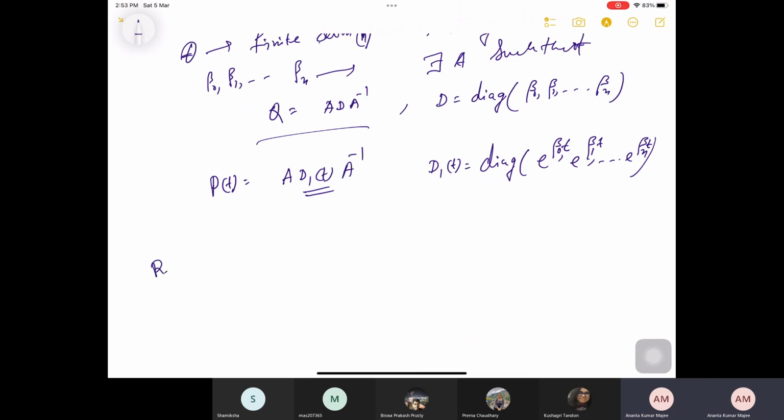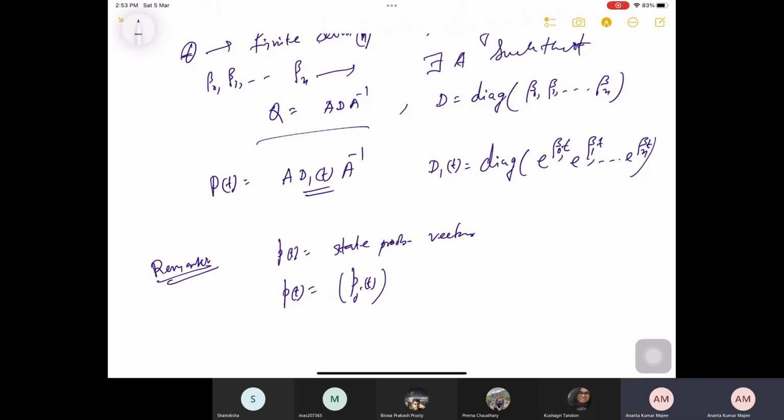Okay, let us make one remark. I can have exactly a similar way if I know only the state probabilities P of t, which is the state probability vector. What do you mean by that? So P of t should be my Pj of t.